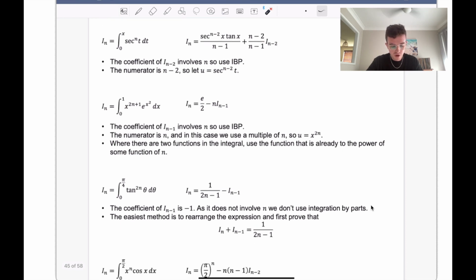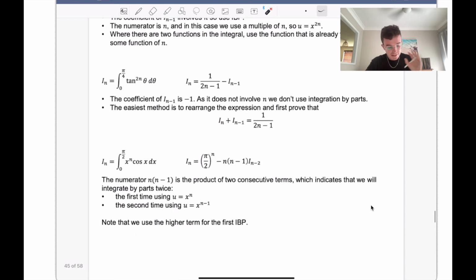Last one here, well, we've got the lower power integral is n minus 1, and its coefficient is n, so we're using integration by parts, or IBP, and the coefficient is n, so n is going to be our power, but notice we can't get n from this, it has to be 2n. So it's going to be 2n is our power.